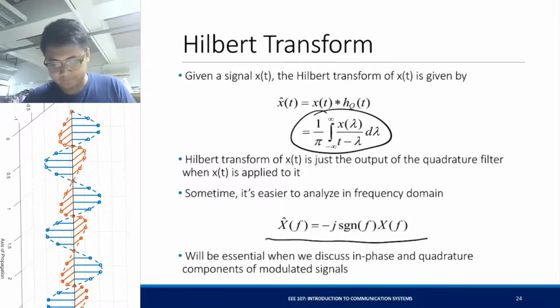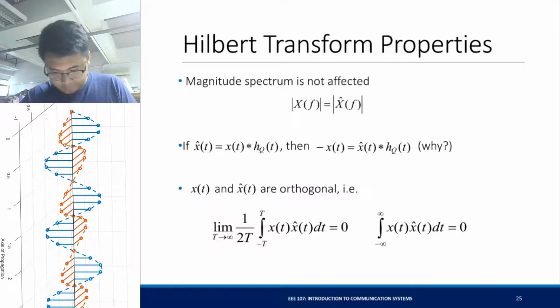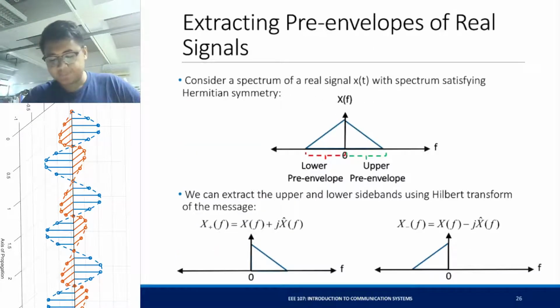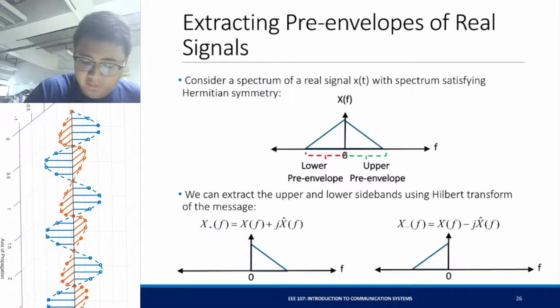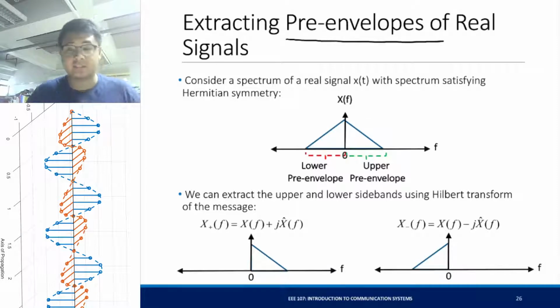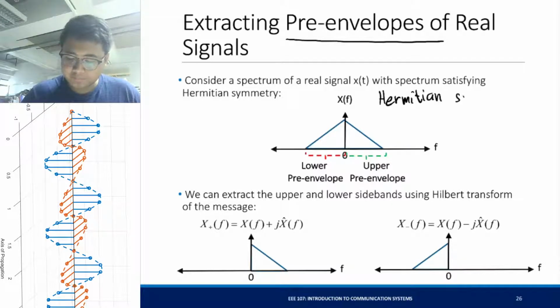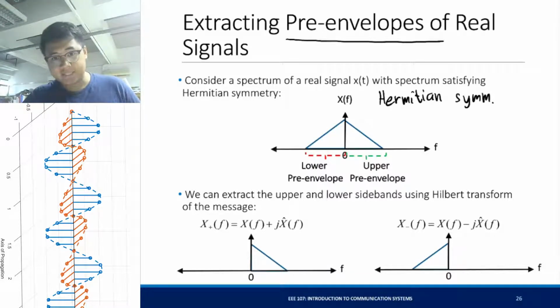So why is that? Okay, so before we go to the properties, the Hilbert transform is used to extract what we call pre-envelopes of real signals. So recall that real signals exhibit Hermitian symmetry. So your magnitude response has an even symmetry and your phase response has an odd symmetry.